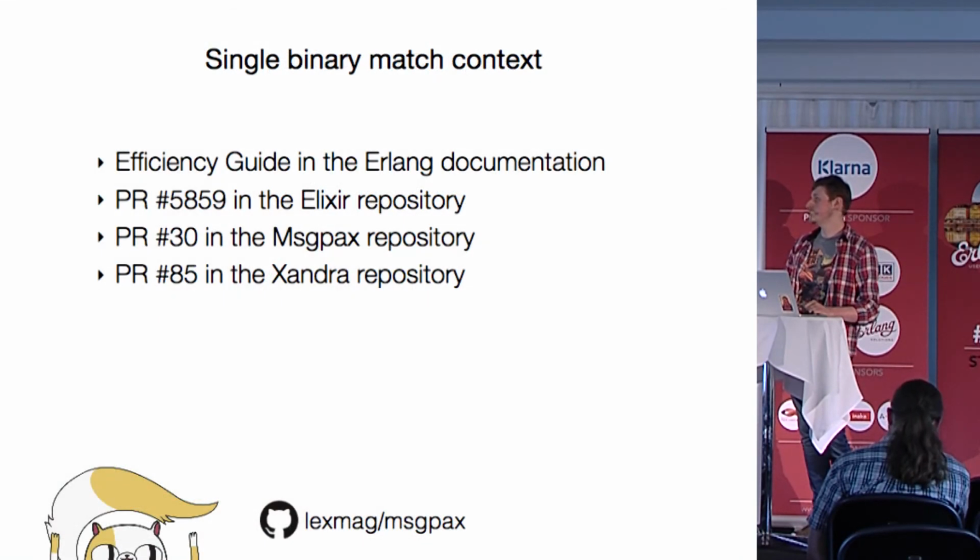And binary match context optimization. It's less known, but still a very powerful and interesting optimization. There are a few bullet points that show how it was applied in real projects.